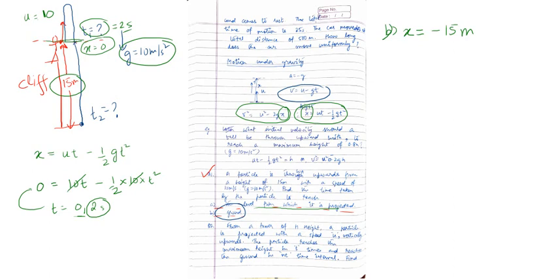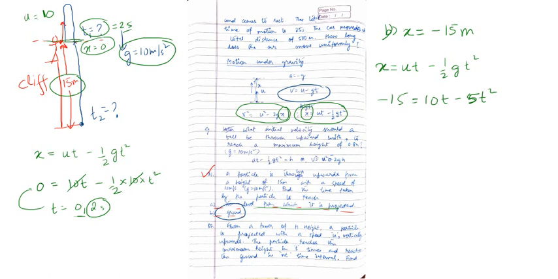So we would use this equation which we already used once. We would write x is equal to ut minus half gt square. Now value of x is -15, initial velocity is 10, so -15 = 10t - 5t square, since value of g is 10, g by 2 is 5.